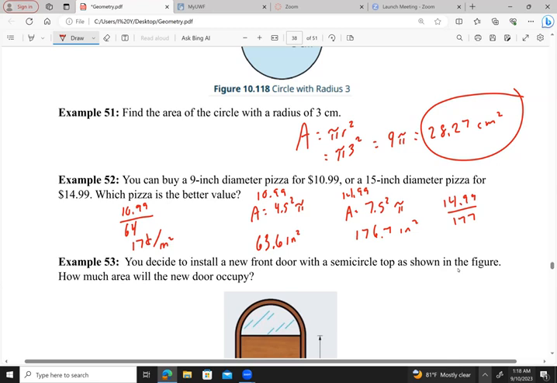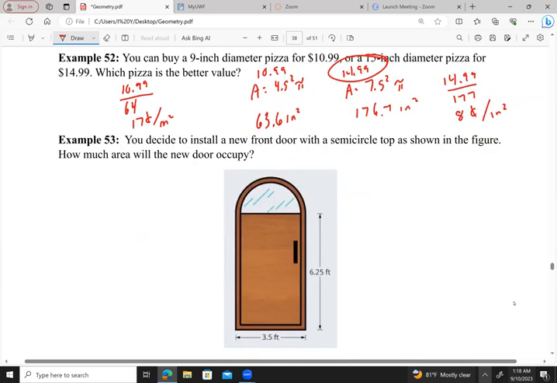Okay, you decide to install a new front door with a semicircle top as shown in the figure. How much area will the door occupy? Okay, so we have a 3.5 by 6.25 rectangle right here.